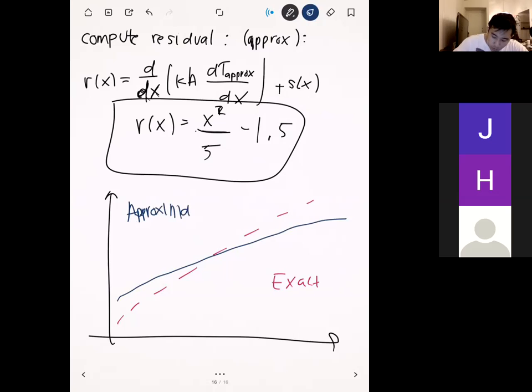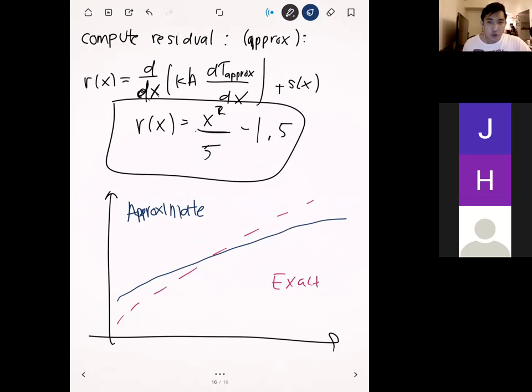You can see that they're close. But because our approximate solution doesn't have our fourth order polynomial, they're going to be different from each other. That's why we give it the name approximate, because they're not going to be exact.